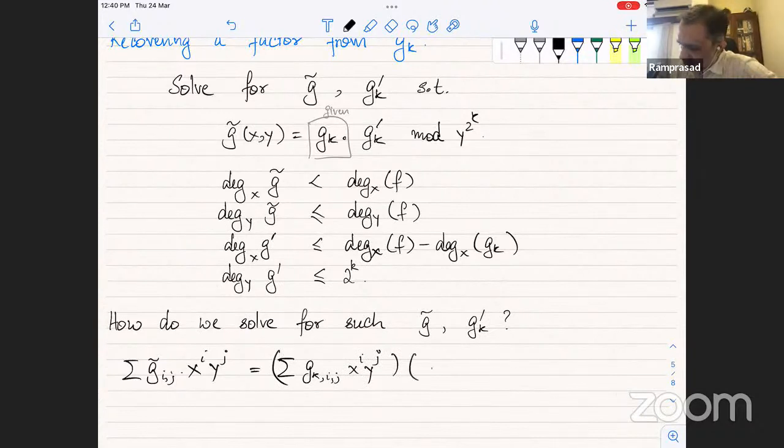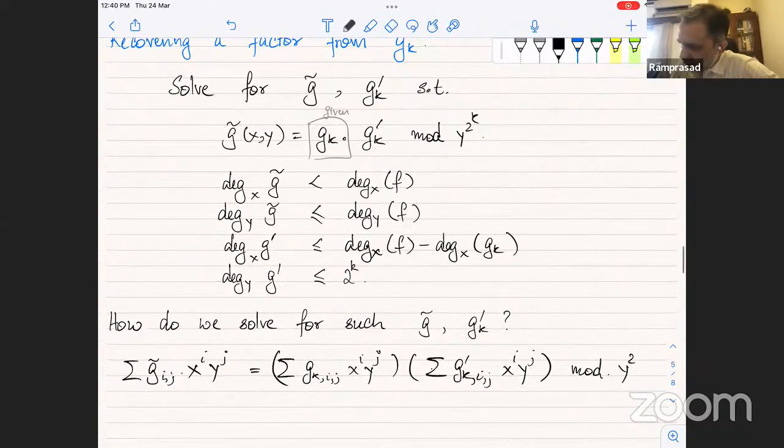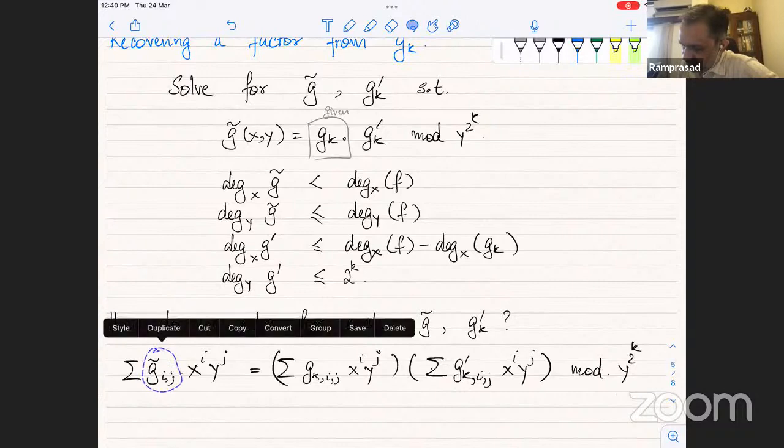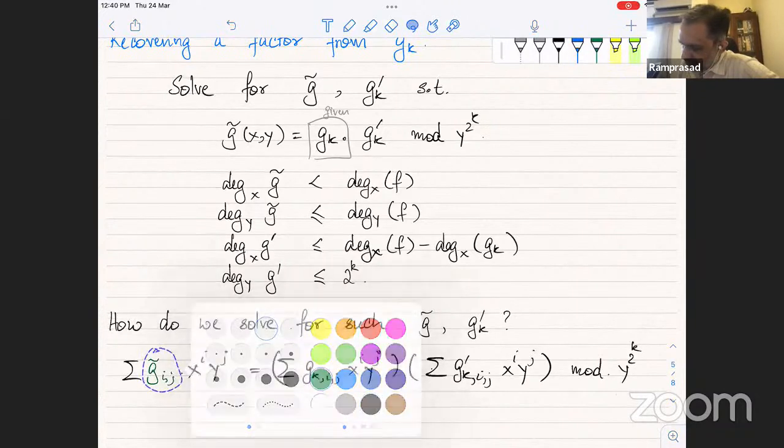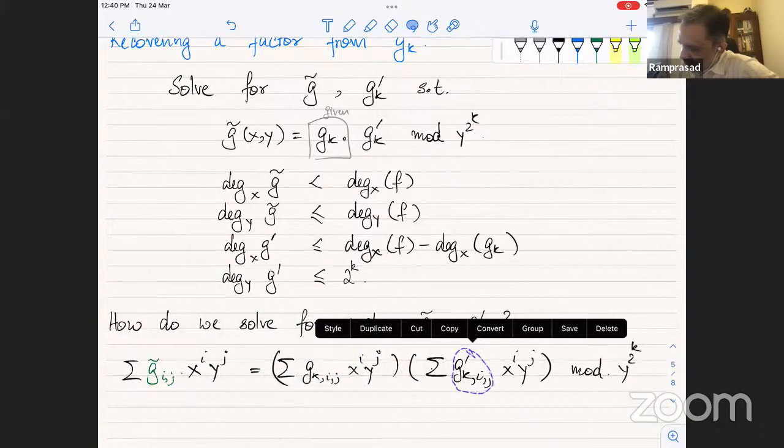Times there is this GK prime's coefficients, x bar i, y bar j, mod y bar 2 bar k. This is the equation we are trying to solve. So what are the unknowns? The unknowns are actually all of these things and all of these things.